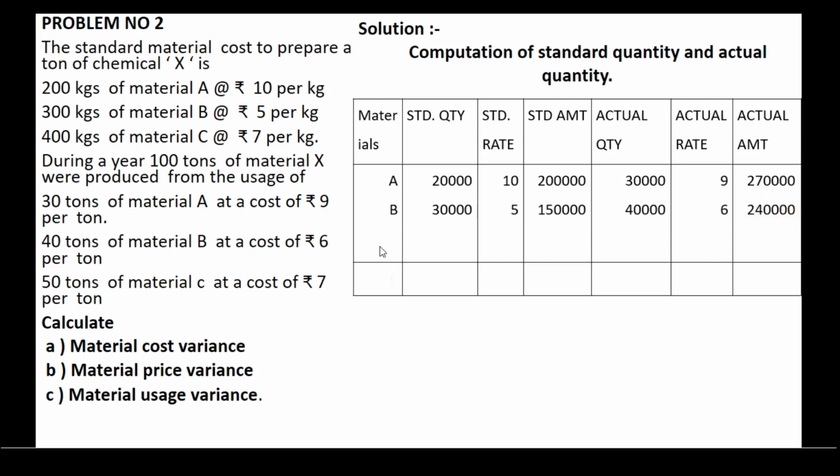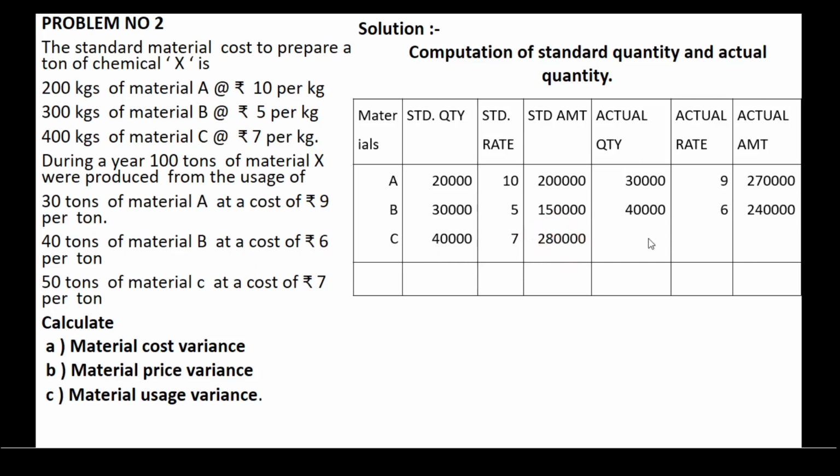And next for the material C. Here the standard quantity is 400 into 100, that is 40,000 kgs. The standard rate is rupees 7 per kg. So now the standard amount or the standard cost is 40,000 into 7, that is 2,80,000 rupees.